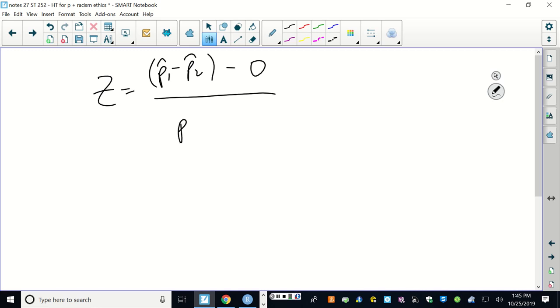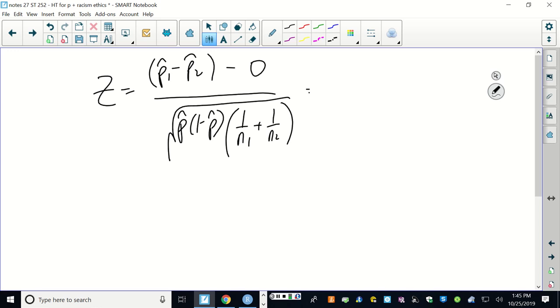But then the easier way to write this thing is to pull out the 1 over n's, and we're going to put our p hats in there. So we're going to get 0.62 minus 0.68 up top, and 0.65, 0.35 down here.